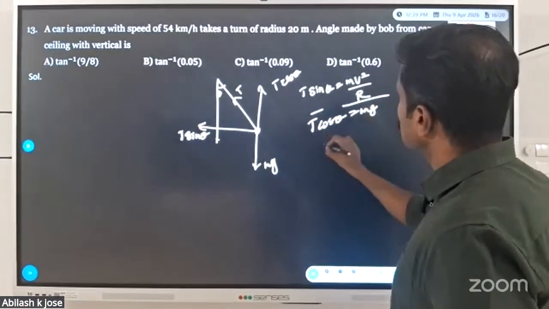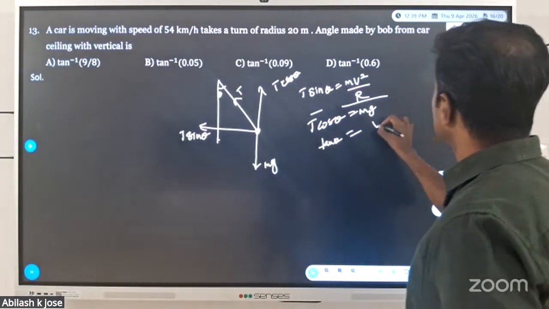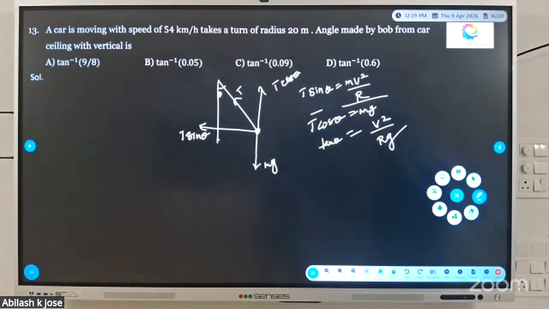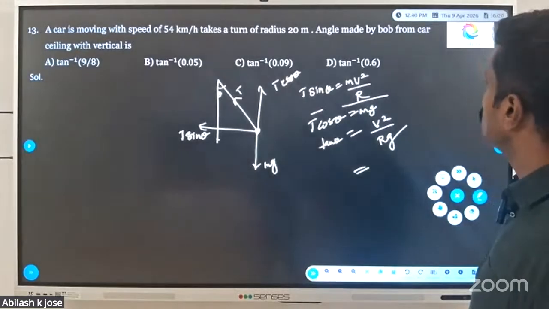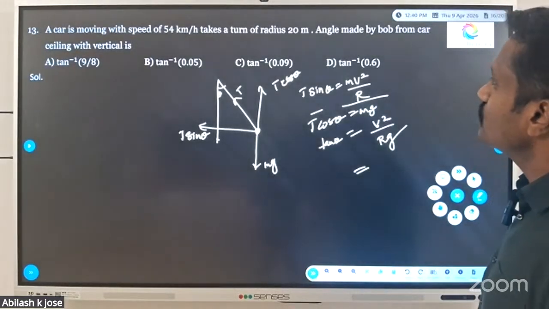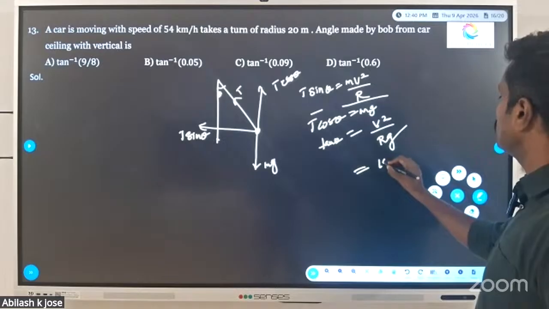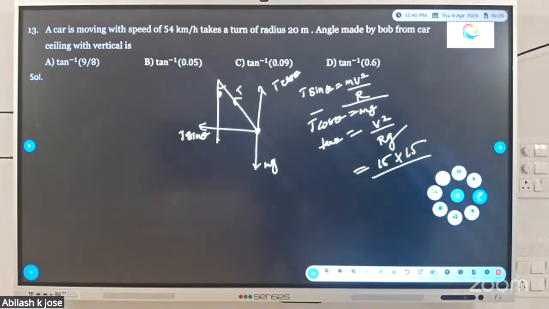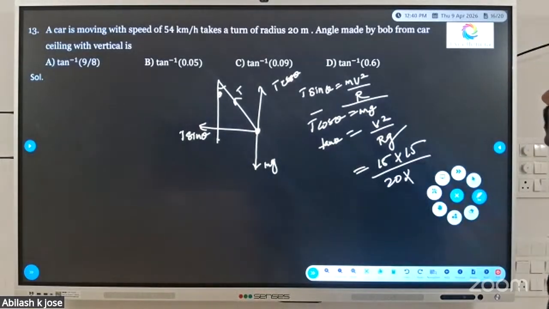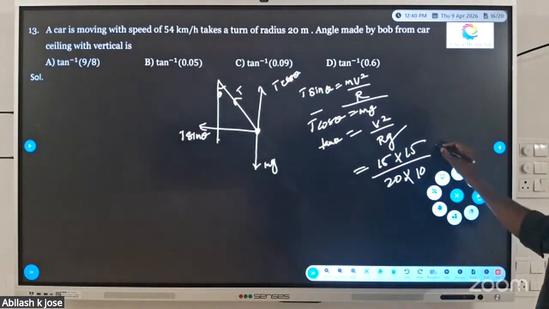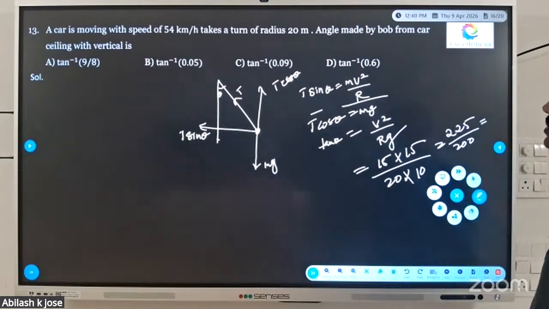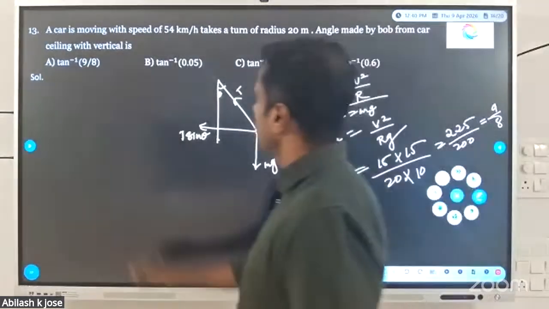Dividing the two equations, we get tan theta is equal to v squared by R g. You are asked to find tan theta, so v squared divided by R g, where v is 15 meters per second, R is the radius, 20 meters, and g we take as 10. So this is 225 divided by 200. It comes to 9 divided by 8. So this is option A.